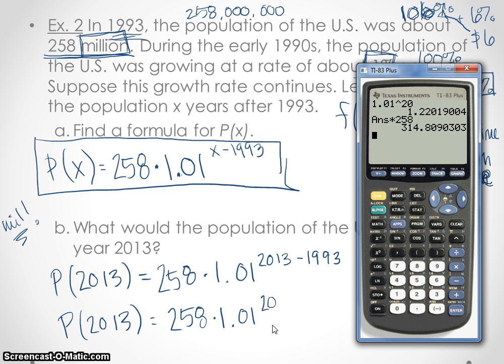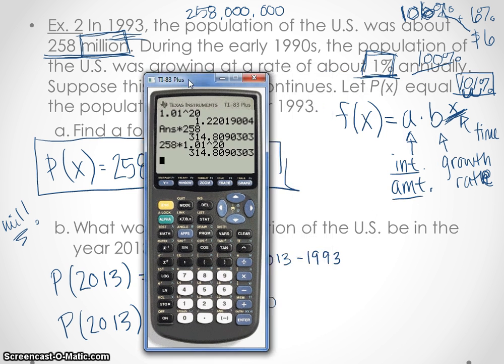Now, some people like to just put this whole shebang in their calculators, and it will work for you. You'll have 258 times, if you do it right, of course, 1.01 to the 20th power. And then we hit enter, and guess what? We get the same darn answer. So let's go ahead and write it down.